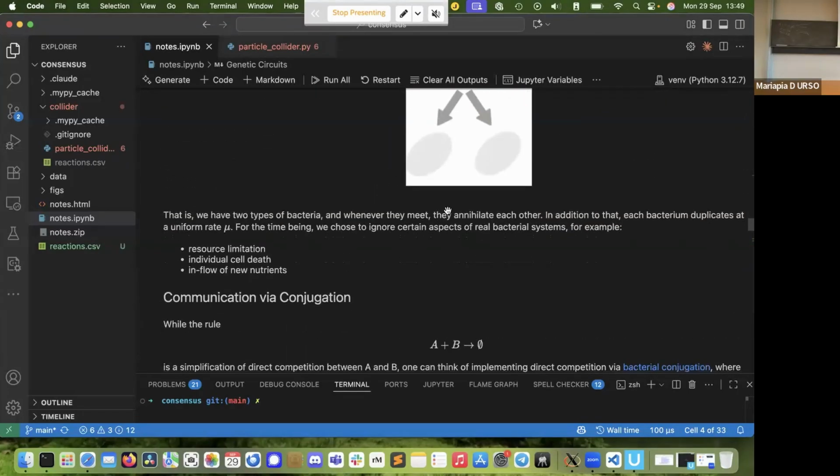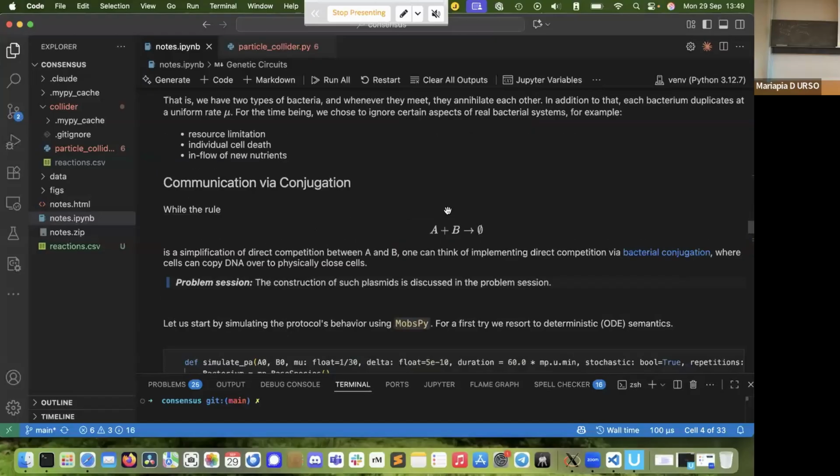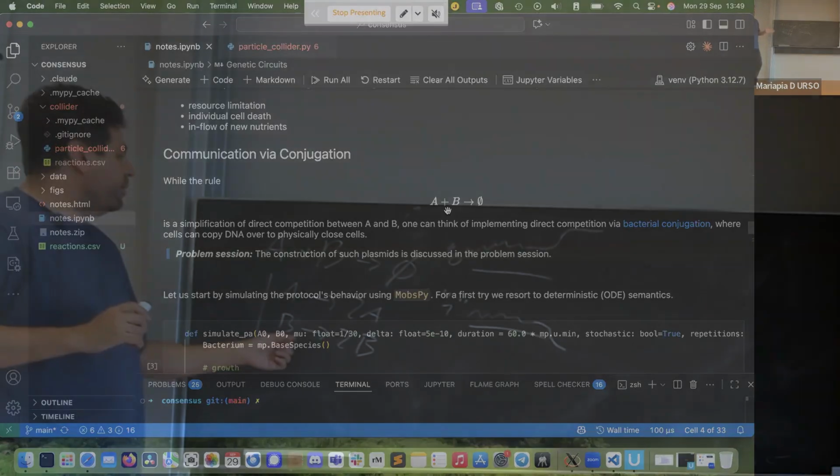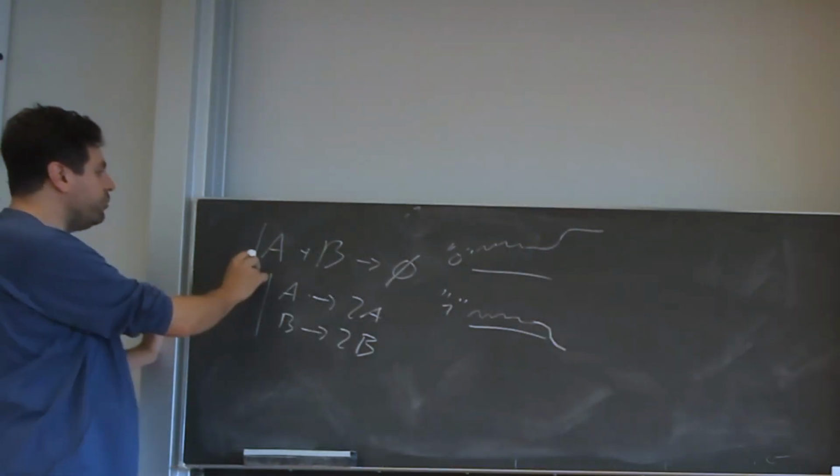Perhaps just a few words before we do some simulations. How to implement this is clear: this is just doing nothing, it's just growing the bacteria. It's a very simple growth model, of course. It's exponential forever, but let's stay simple for the moment. And how to implement this in bacteria?